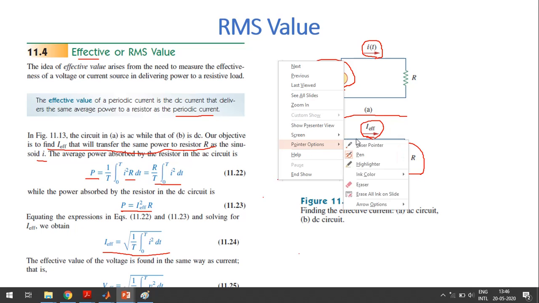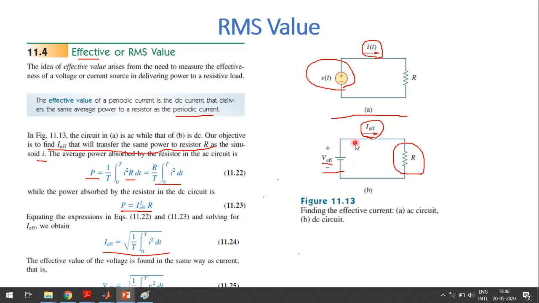This is the value of I effective. Similarly, the effective value of voltage is found in the same way: V effective equals the square root of 1 by T integral from 0 to T of v squared dt. These are the values of I effective and V effective.